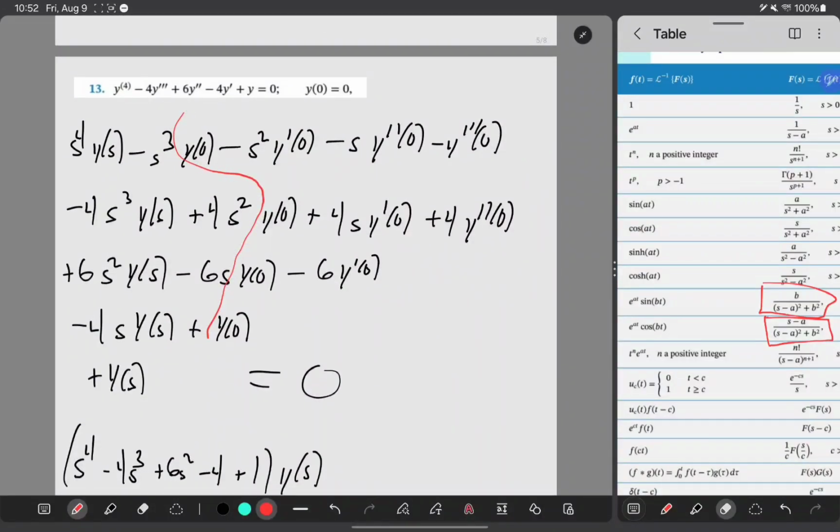Goodbye. What about the double primes? What do we do with those? I forget what to do with those.